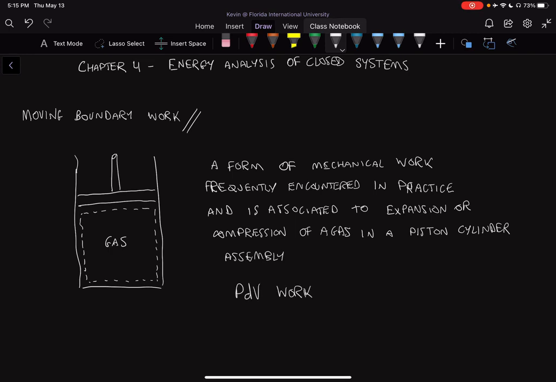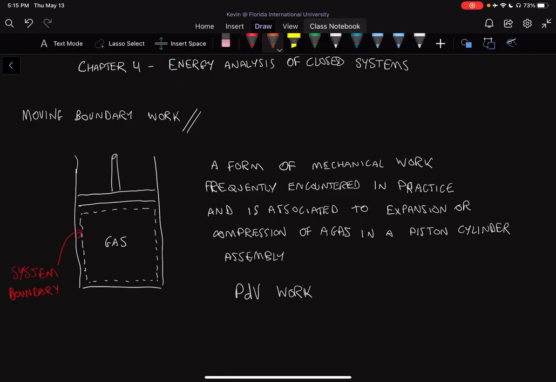And how we can define this work is essentially we have a system boundary, which is shown right here. So this is our system boundary. So remember, when we make these dotted lines, they are usually the boundary of our system.